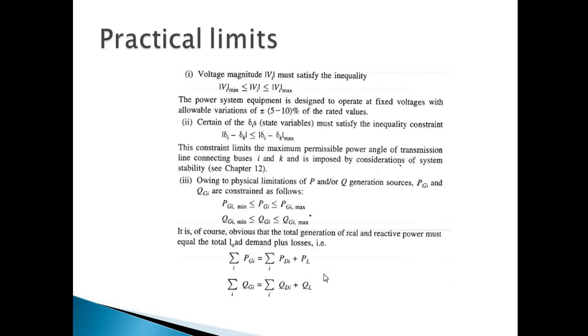Till now there is no practical way of storing power. That is the drawback of the electrical system, that it is not easy or practically possible to store power. So whatever power is generated should be taken as load, and the rest as losses. These are the practical limits of the power system.